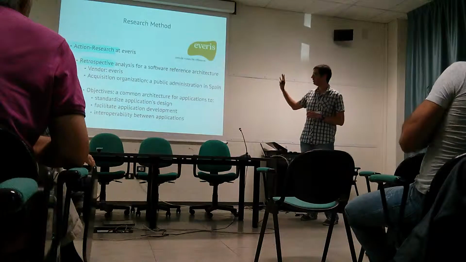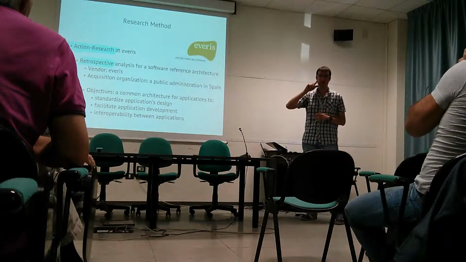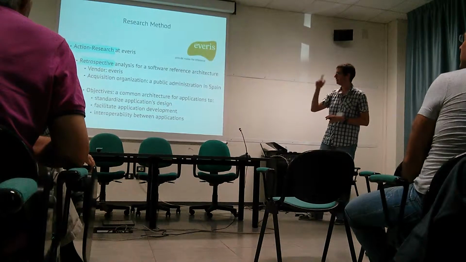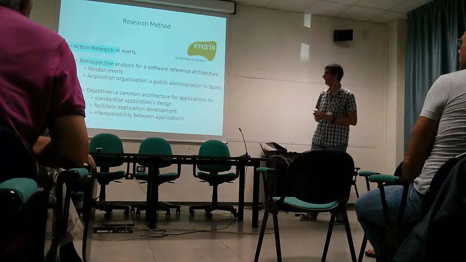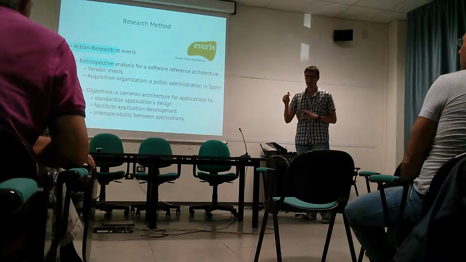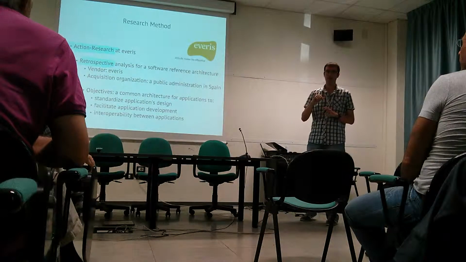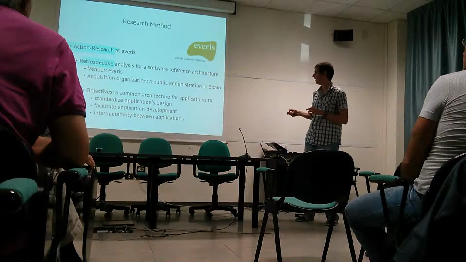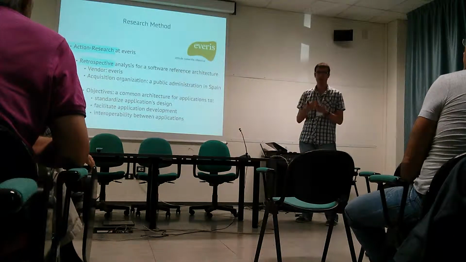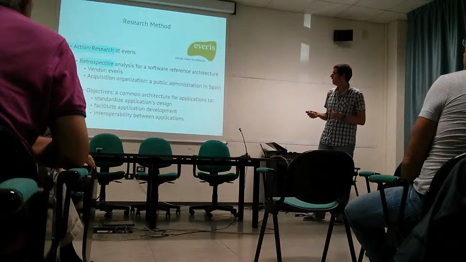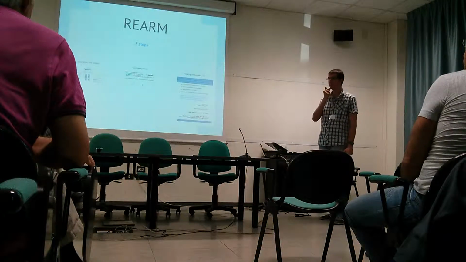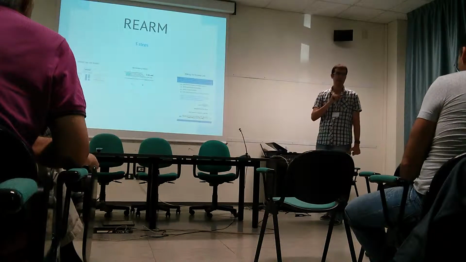As I mentioned, this work has been done with a consulting firm, with Everis. We are performing action research, and we will see an application of the economic model in a real organization, a public administration in Spain, and how it works. So let's go to the second part of the presentation, the economic model.